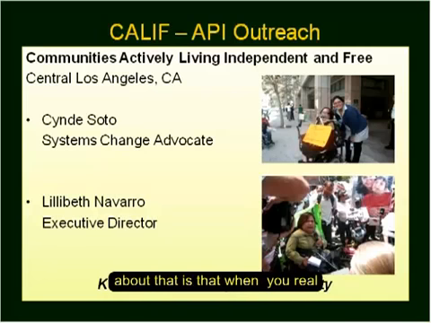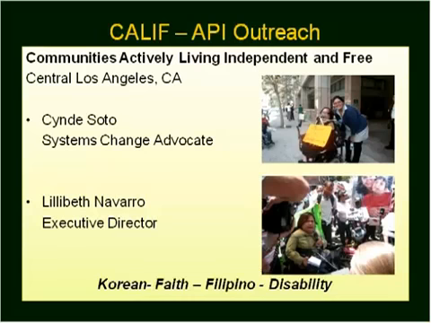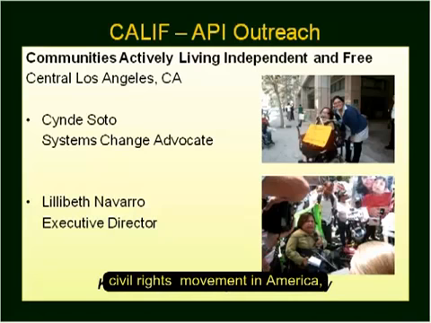The other thing that I find exciting about that is that when you look at the path of almost every civil rights movement in America, it has involved some type of faith-based organization or the church.